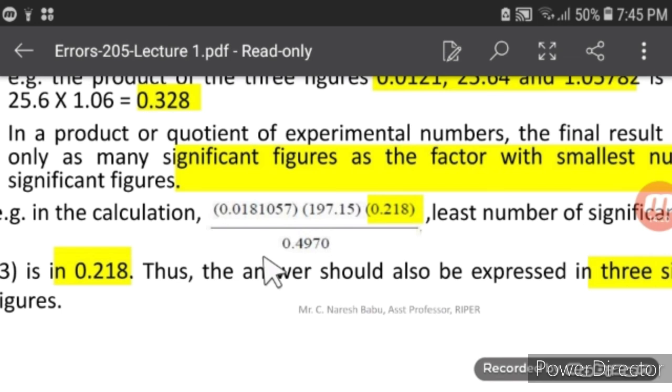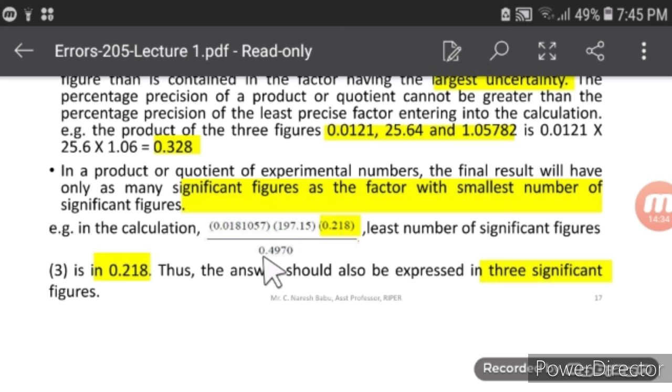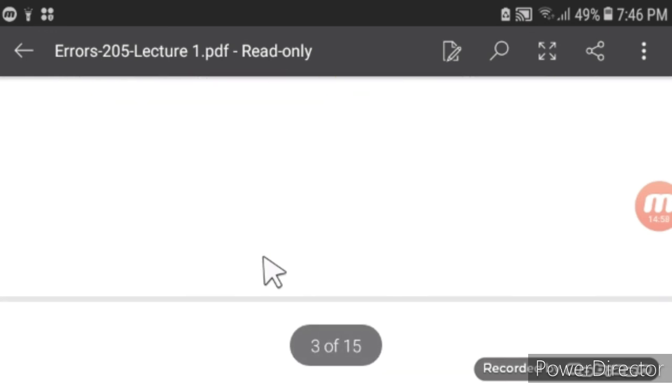So for division, when you are dividing the values, your answer's significant figures should match the least number of significant figures in your given data. Hope you understand. For multiplication, your answer should match the quantity with the largest uncertainty. And for division, your answer should match the least number of significant figures in your given data.